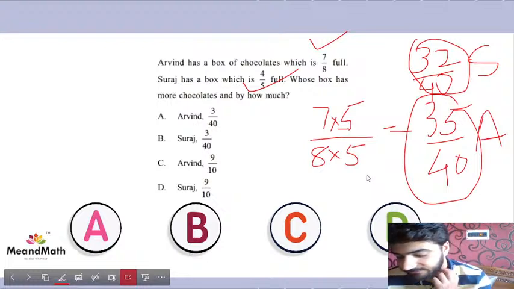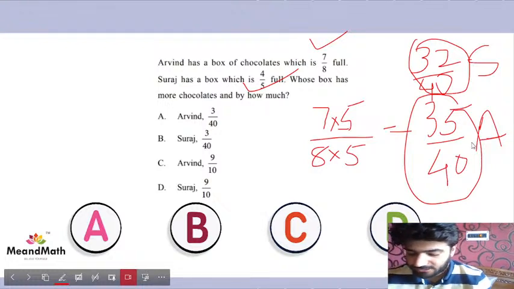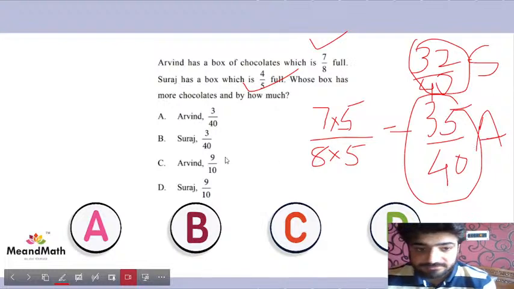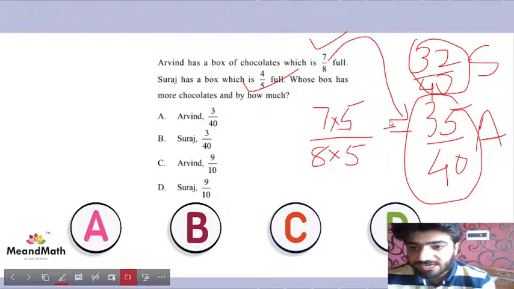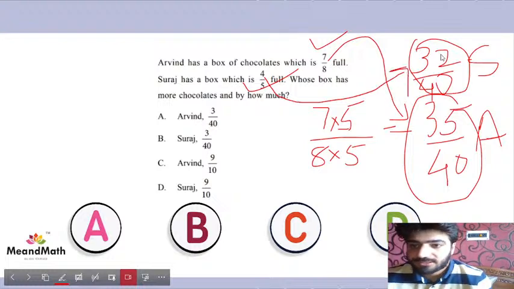Ritika says B. So you guys, I think, are copying one another. But since I have shown you that Arvind's is 35 by 40, since 7 by 8, when converted into a fraction with denominator 40, will become 35 by 40, and 4 by 5 when converted into a fraction with 40 as a denominator will be 32 by 40.